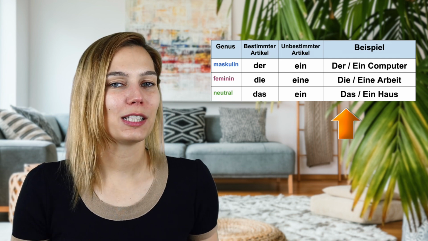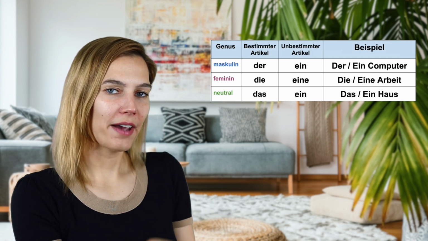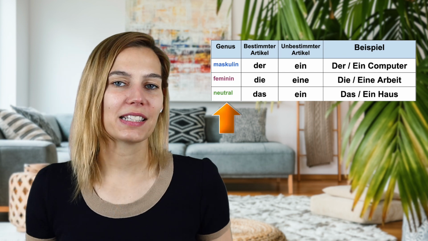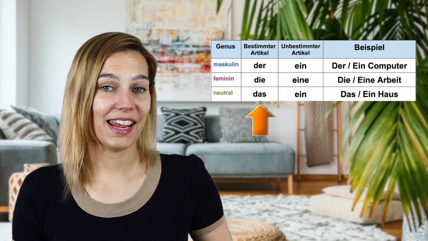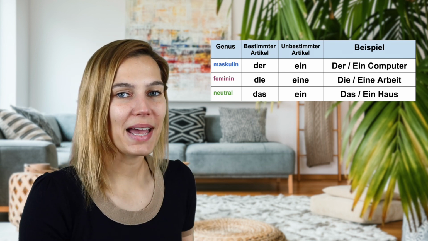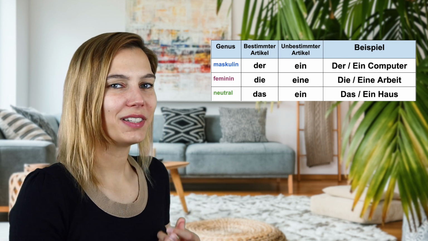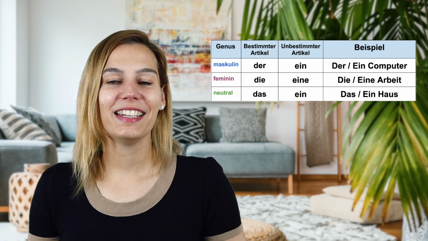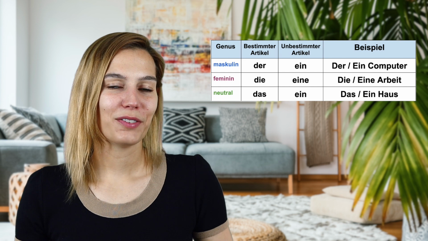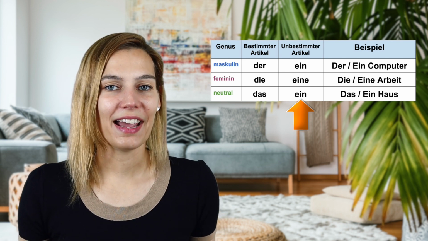It always stands before the noun. So we have the gender in the first column, masculine, feminine, neuter, and we have the articles, der, die, das. For a masculine noun, the indefinite article is ein. For the feminine one, it is eine, and for the neuter, it is ein again.